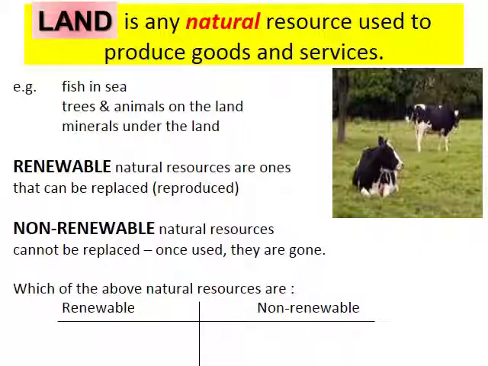Renewable, of course, can be replaced. So a cow can reproduce and produce a baby cow called a calf. Grass, of course, is eaten by the cow, but it grows again. So many natural resources are replaceable or renewable.